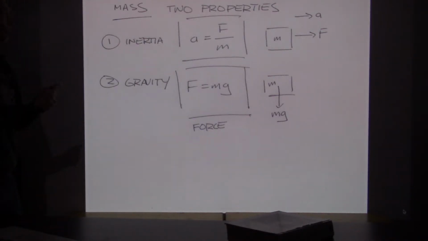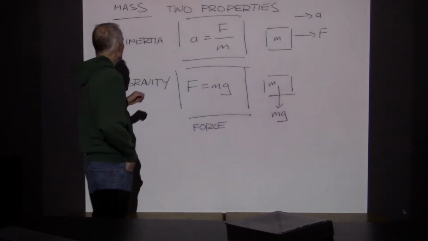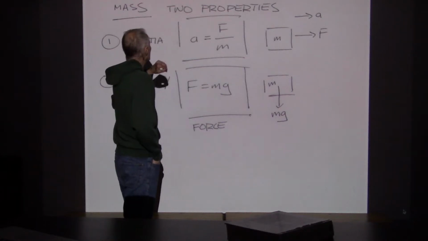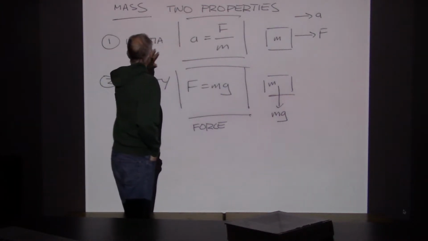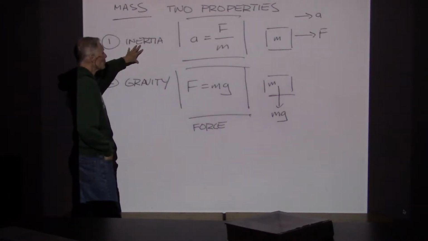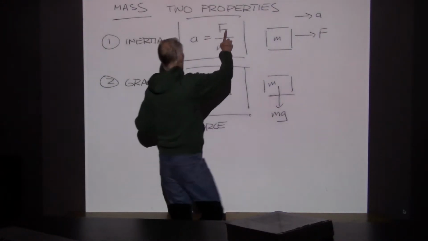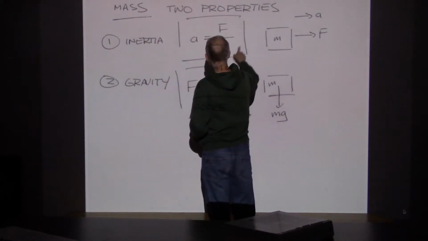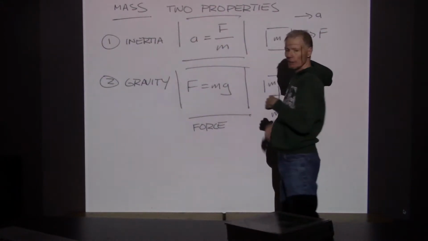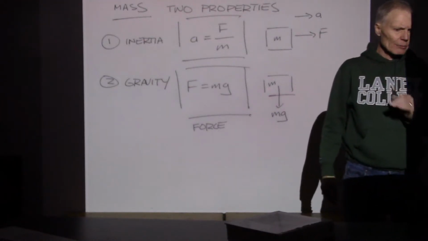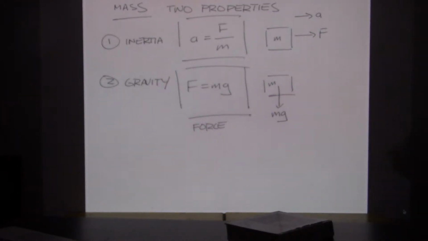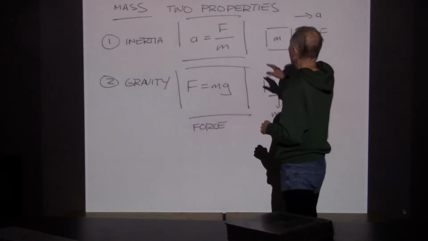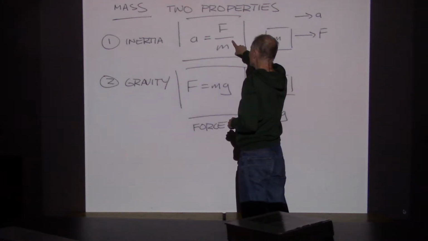Now, again, here are the two properties that we're thinking in terms of. I guess I should reverse these slides. This is what I was talking about before. Property number 1 is the inertial property. And that is used in this formula, which I'm going to say, if there's one formula that is representative of the entire course, one formula we're going to use more than any other or come back to as a foundation for all of the analyses we do, it's this.